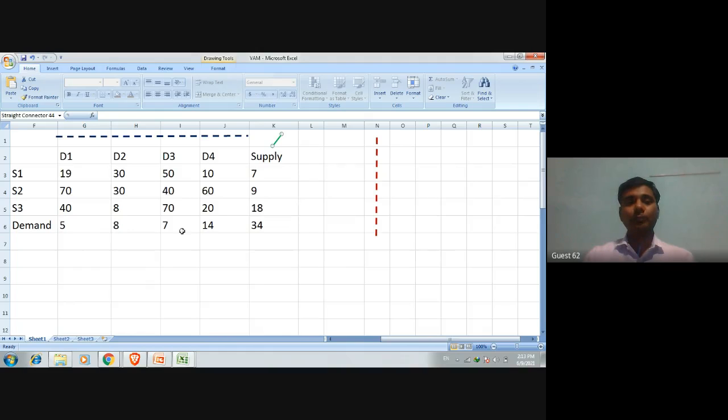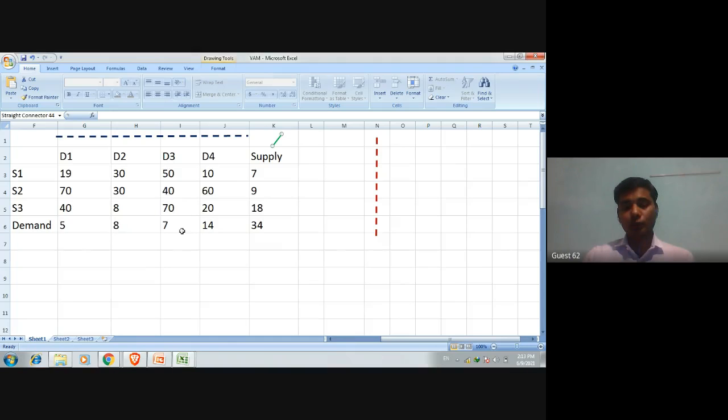Now, what is the maximum capacity to supply the product for the different plants? For plant S1, the maximum capacity is 7, plant S2 can supply 9 units, and plant S3 can supply 18 units.